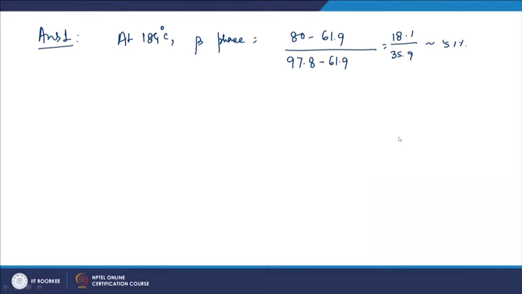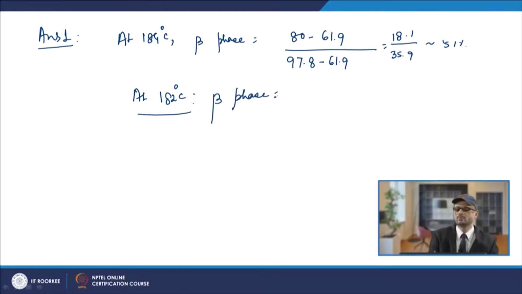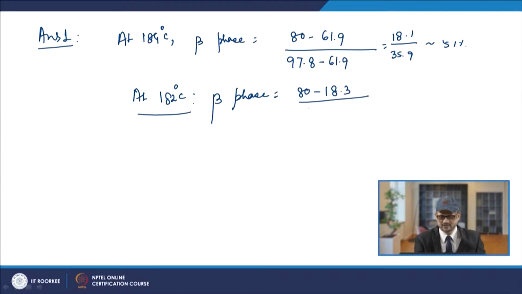So, at 182 degrees centigrade, the beta phase, as you know beta is on this side. As per the lever rule you will go towards left. So, it will be 80 minus 18.3 divided by 97.8 minus 18.3.